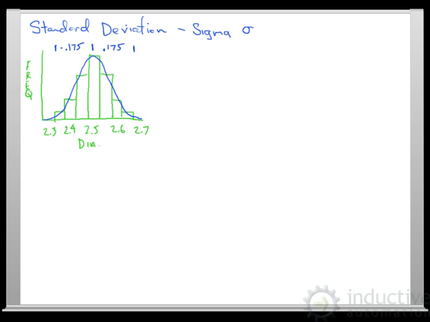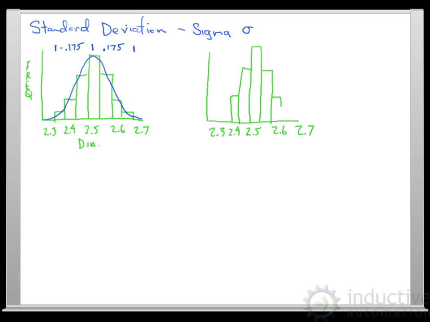So we'll take a look at another scenario here of how the measurement values can be distributed out. Keep in mind measurement values can be in tight or they can be spread out. And if these were very in tight, our bell curve would be a little bit different.